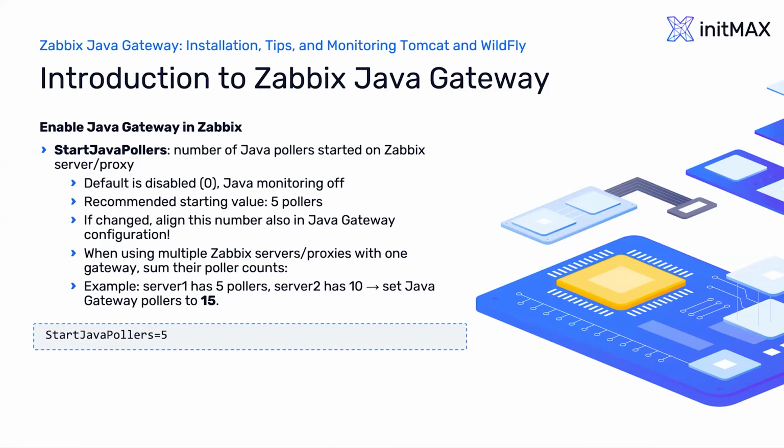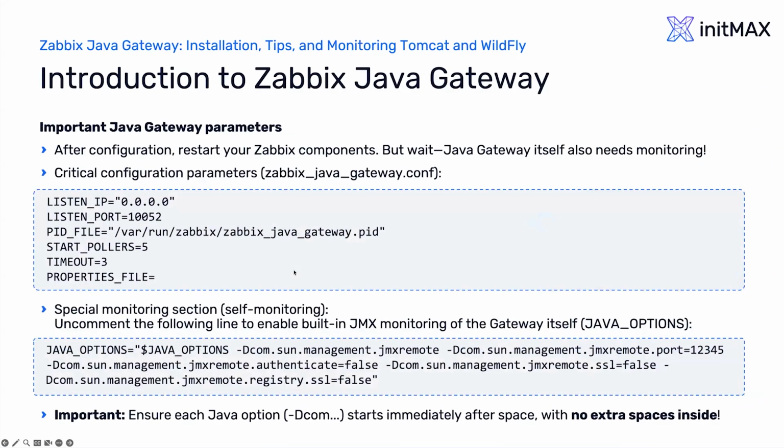So if we have 5 on a Java Gateway, that's why I added 5 on the Zabbix server as well. When using multiple Zabbix servers or proxies with one gateway, sum their poller counts. For example, server 1 has 5 pollers, server 2 has 10, set Java Gateway pollers to 15. That's what we did right now.